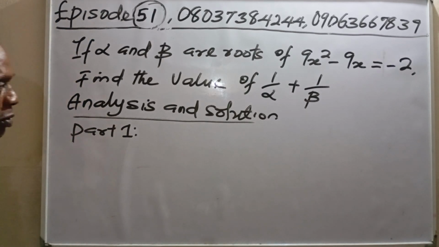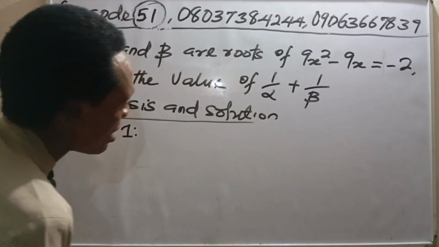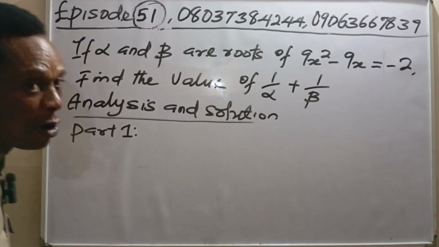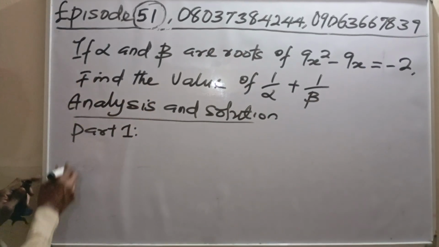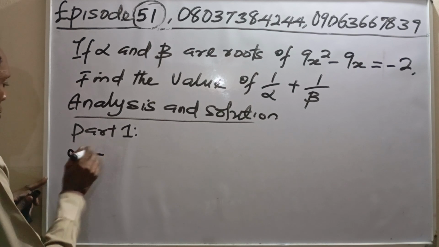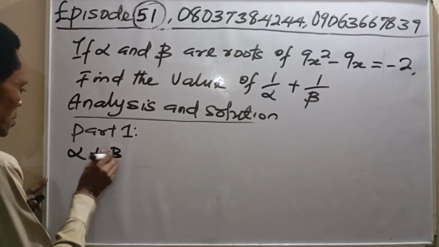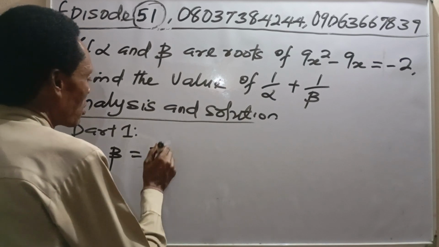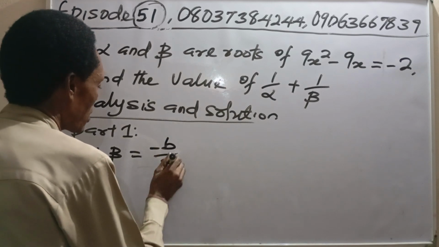The first thing we should consider is the sum of roots under our symmetric properties. Sum of roots, which is alpha plus beta, equals minus b all over a.